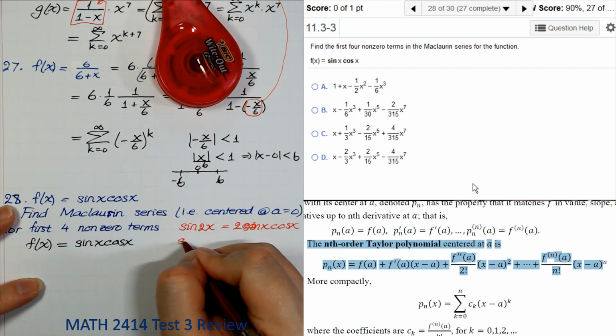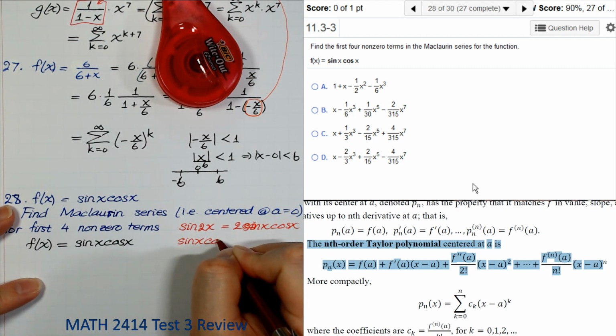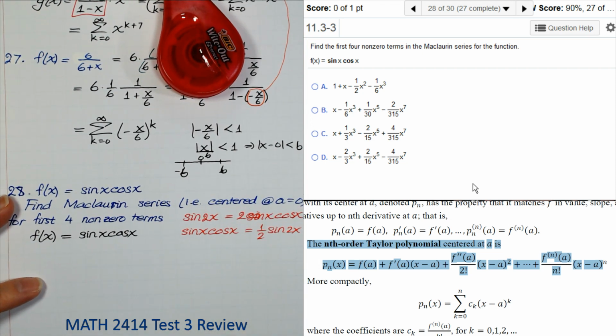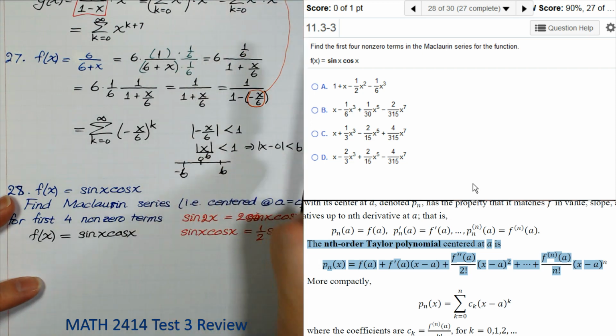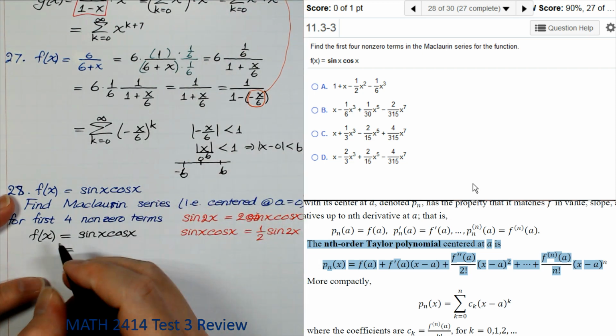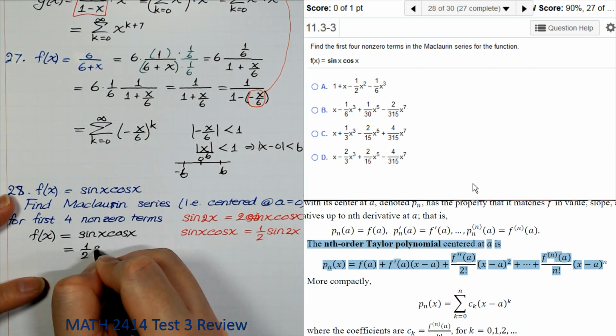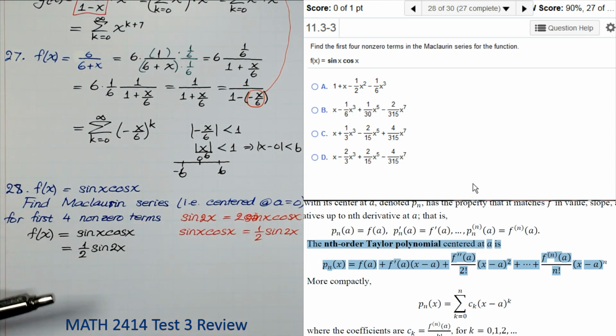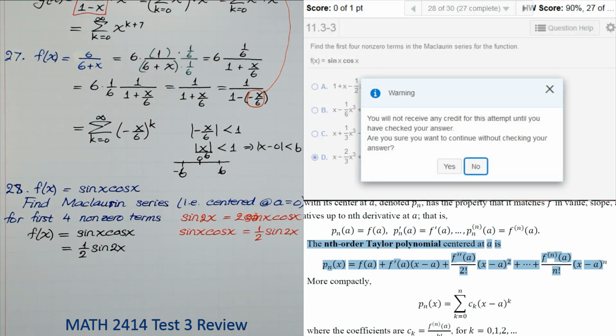So sine x cosine x is 1 over 2 sine of 2x. It'd be a lot easier to do. And if you can construct a table centered at 0 for that function, that should be easy.